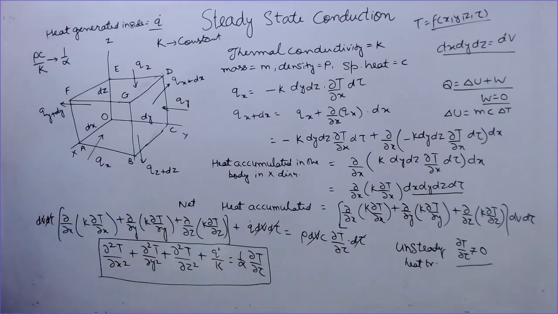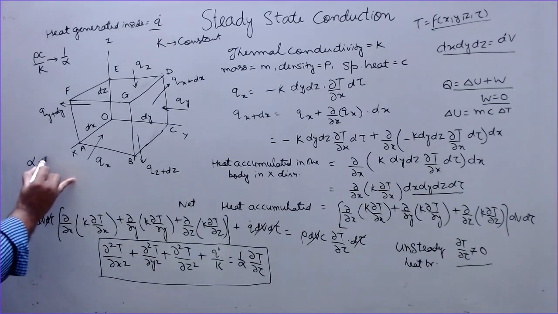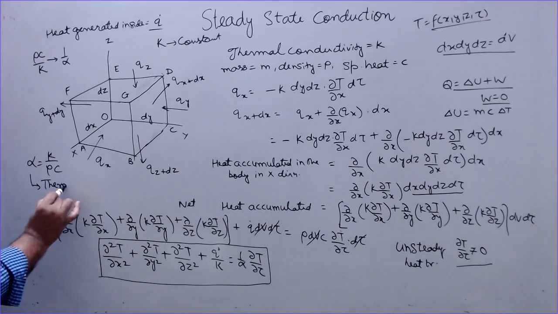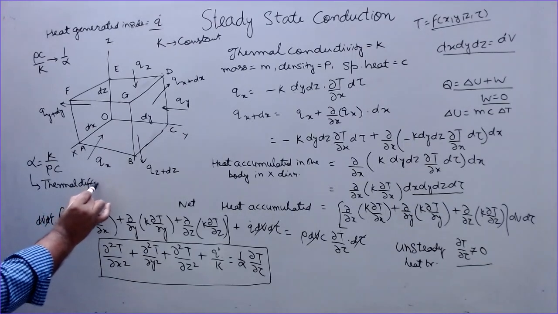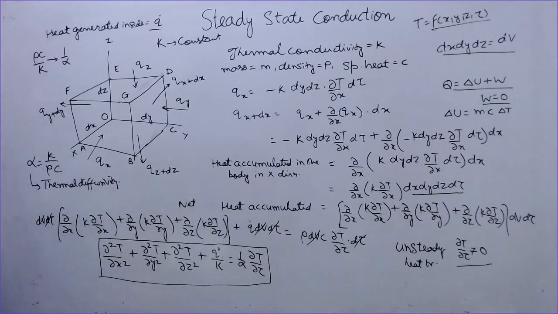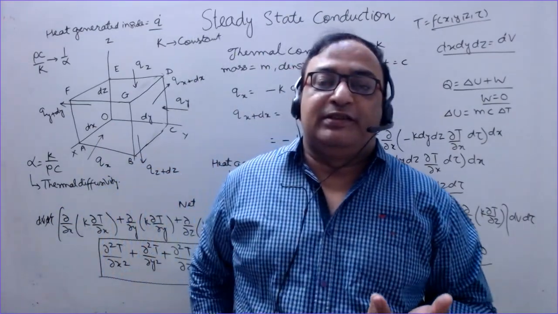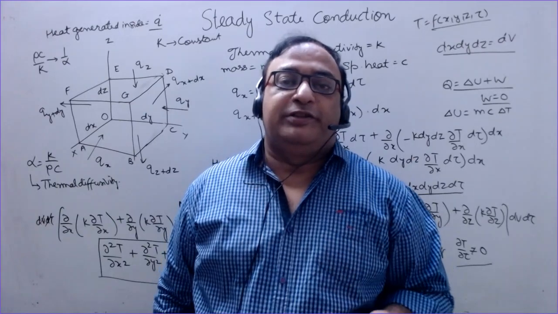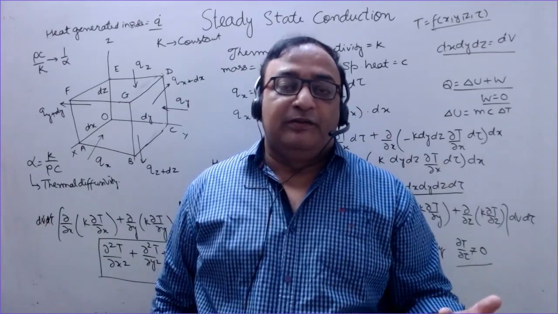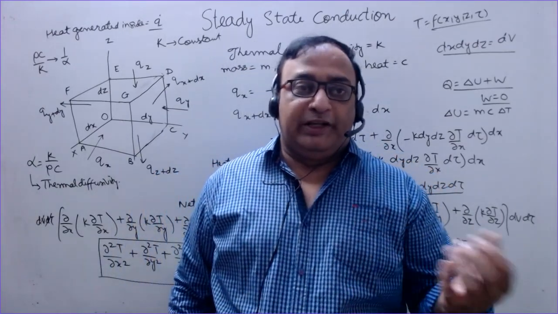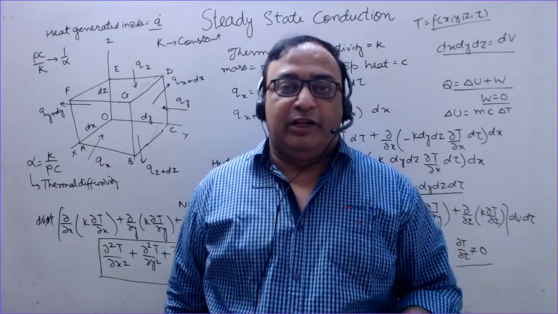Now what is this term alpha? Alpha is, you can see here, alpha is equal to K by rho C. So this is defined as thermal diffusivity. This is the ratio of two terms. K stands for thermal conductivity, and rho C, rho into C, this represents the sluggishness or the thermal inertia of the body, the capacity of retaining the heat of the body, retaining or the heat flowing through it, how fast heat can flow through this, or for how long the heat can be retained.